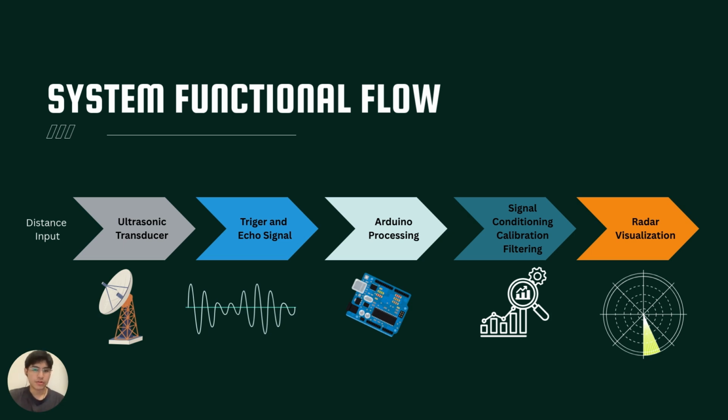And then we will create a radar visualization in our system, so the user can clearly see the distance and the object. My teammate will explain further details about the real development workflow and the results from our experiment.